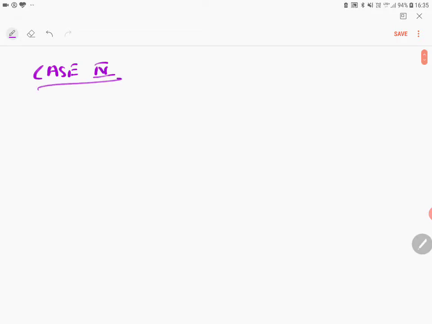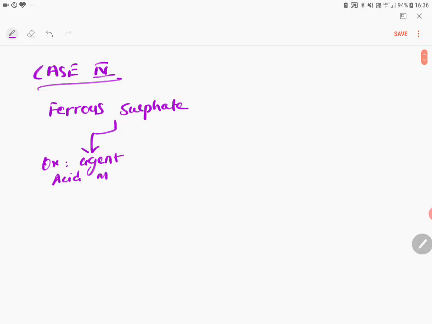Here, if you take ferrous sulfate as an oxidizing agent in the acid medium, what would be the equivalent mass?